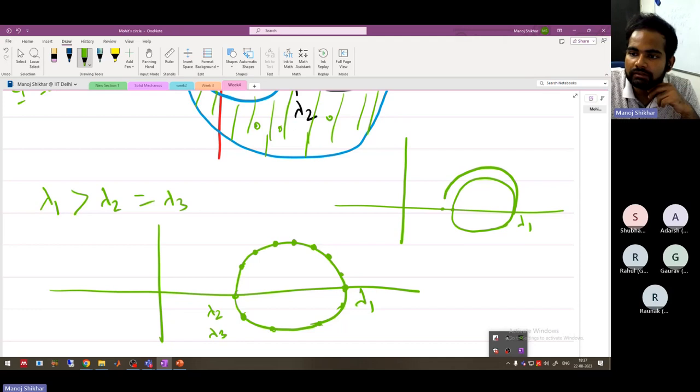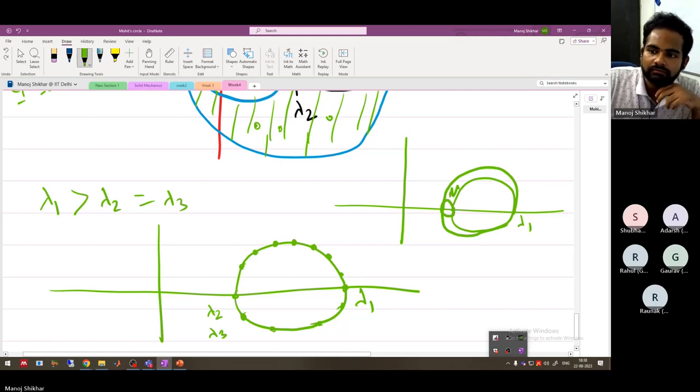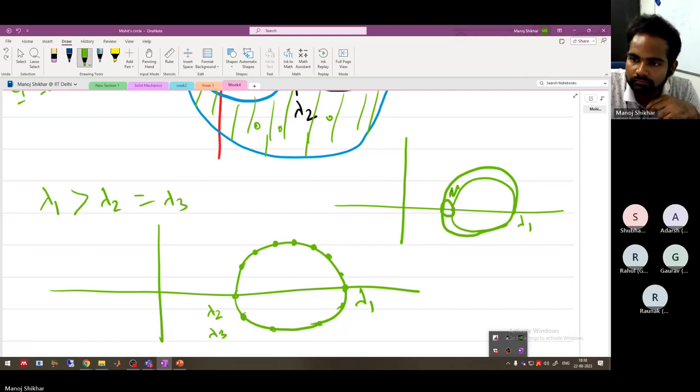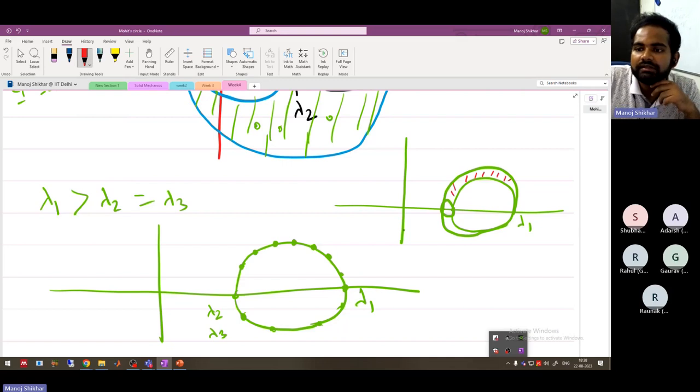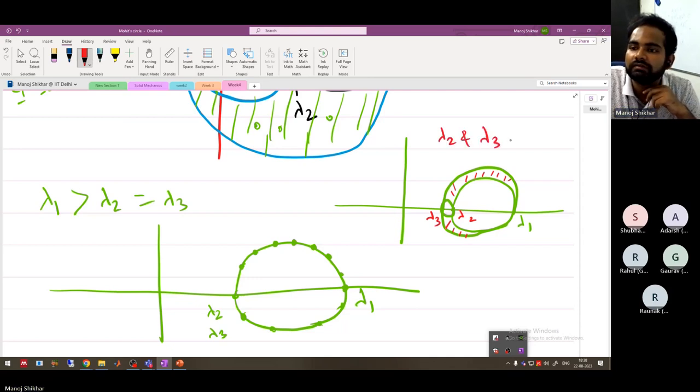The circle will be something like this, and there will be one other circle. Let me shade using some other color. You can see that when lambda 3 and lambda 2 are very close, the shaded region has become very small, very close to this circle.